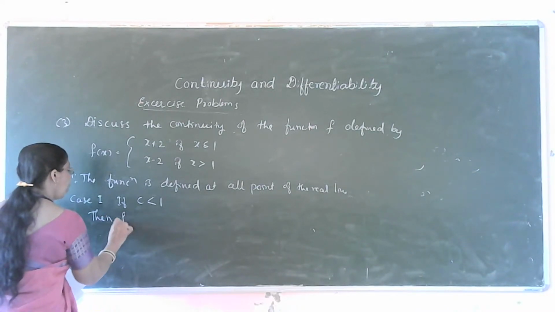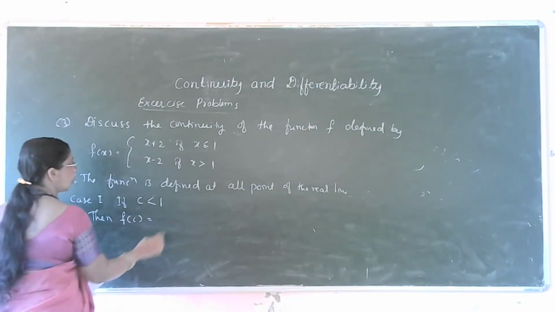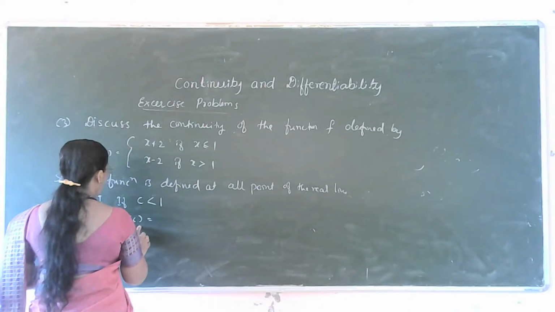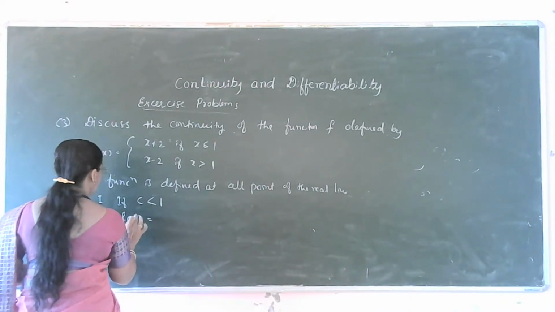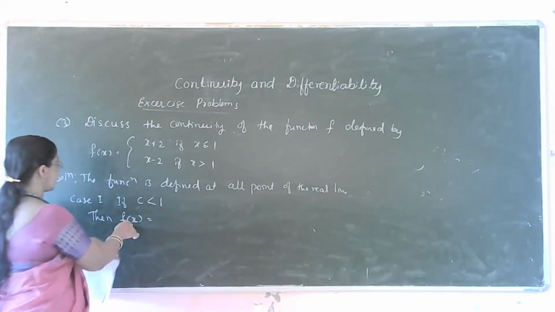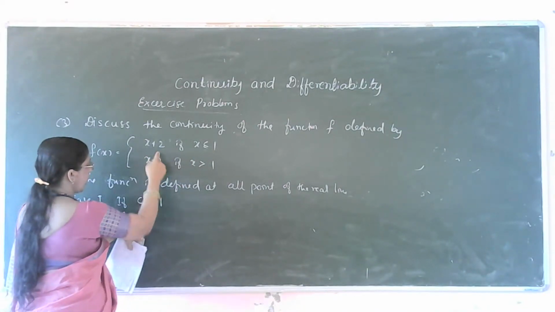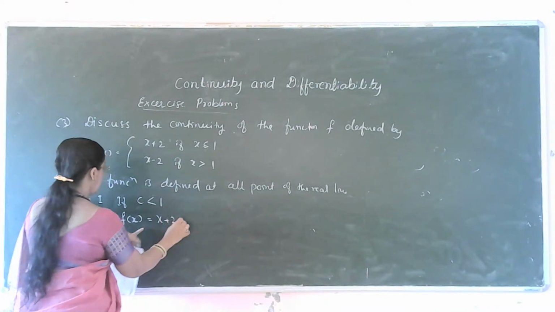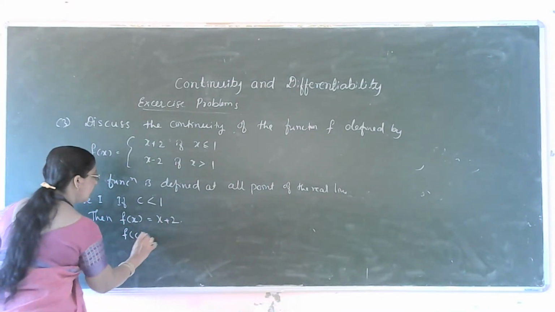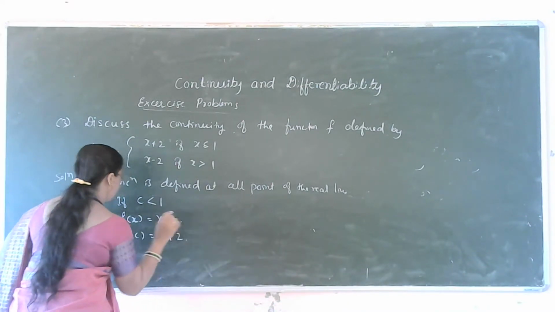Then f of c is equal to... here f of x, for x less than 1, the function is x plus 2. Therefore, f of c is equal to c plus 2.